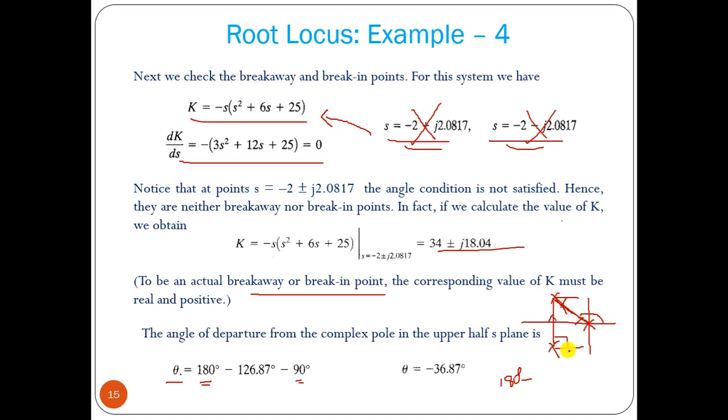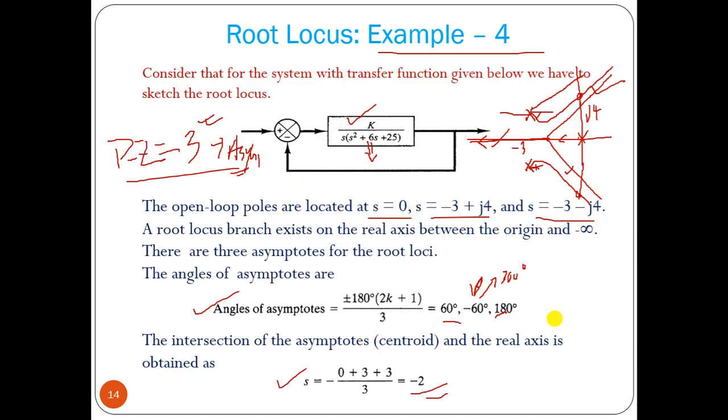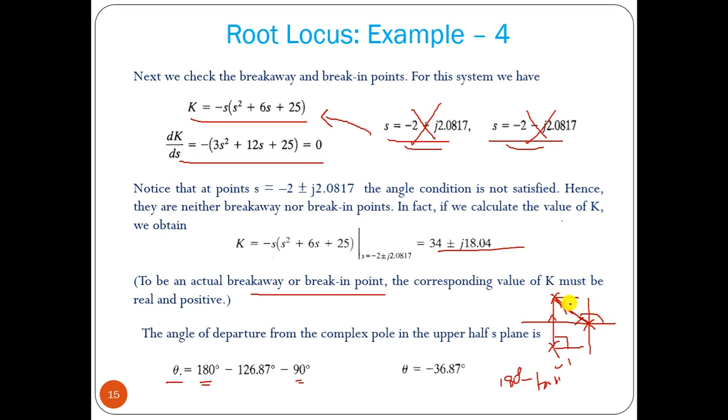That angle is nothing but tan inverse of b, where b is 4 and the other side is 3, so tan inverse of 4 divided by 3. If you calculate, we can see this value.